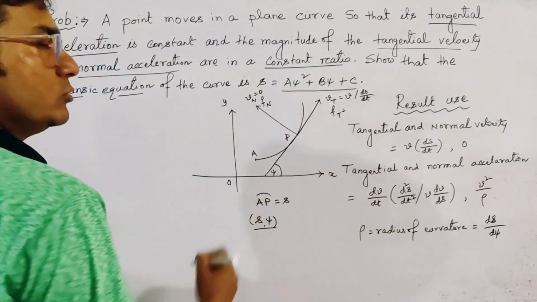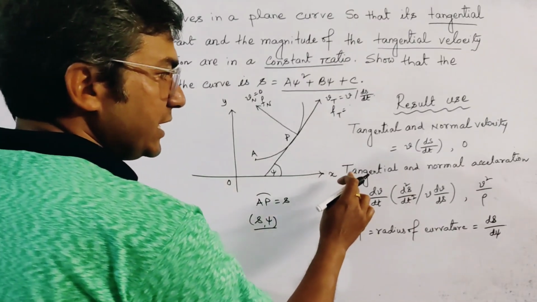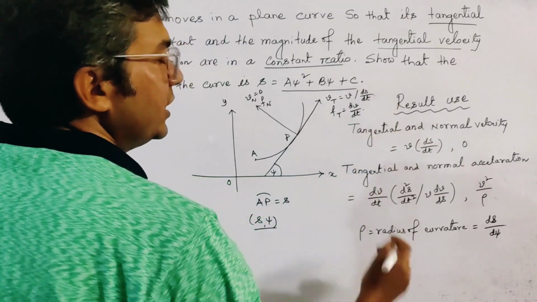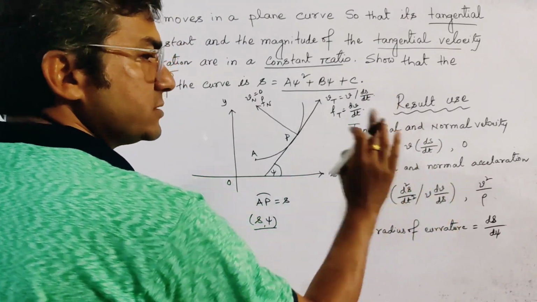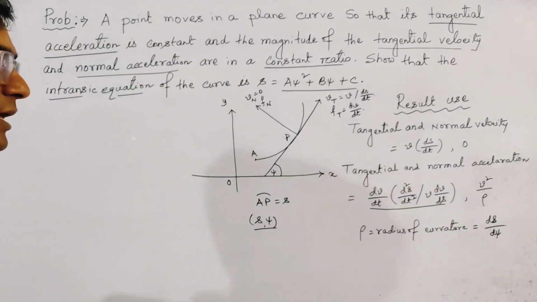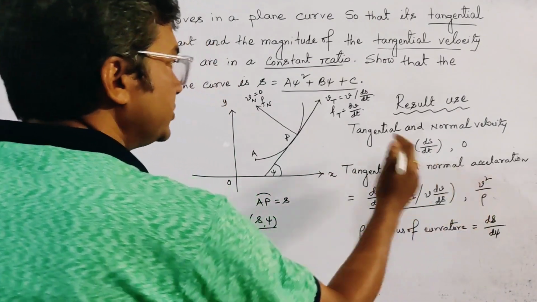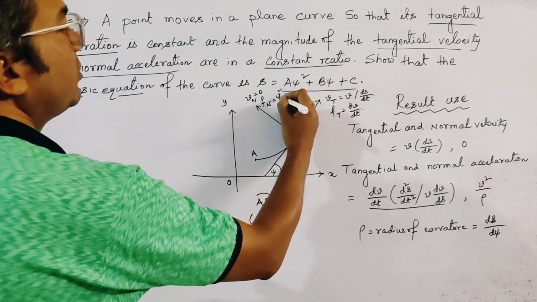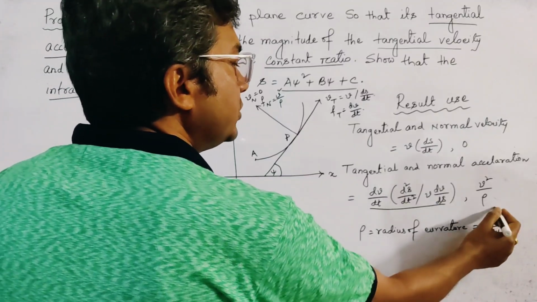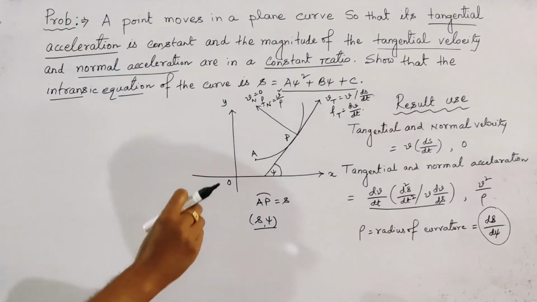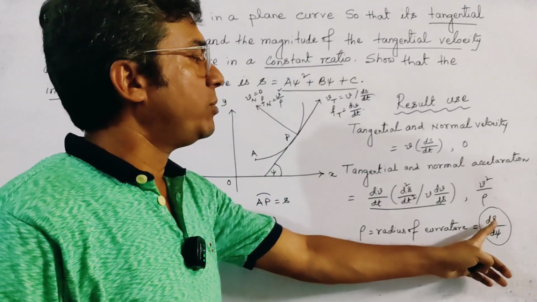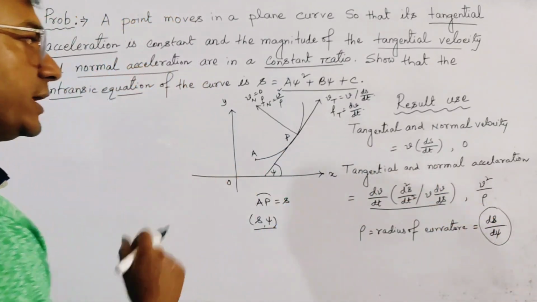The tangential acceleration is denoted by dv/dt, or we write v dv/ds, or d2s/dt2, all three expressions of tangential acceleration. And normal acceleration is given by v square by rho, where rho is the radius of curvature, which is expressed as ds by d psi, the derivative of arc length with respect to the angle psi.